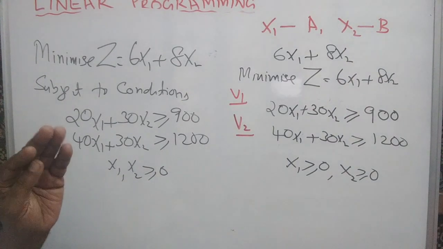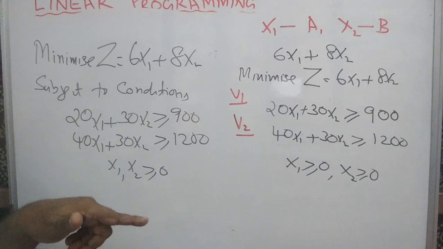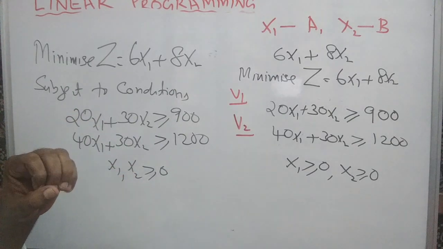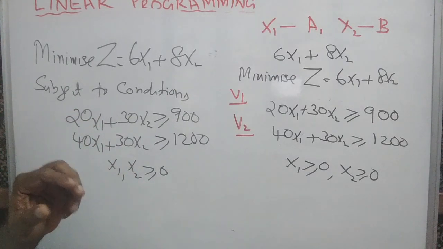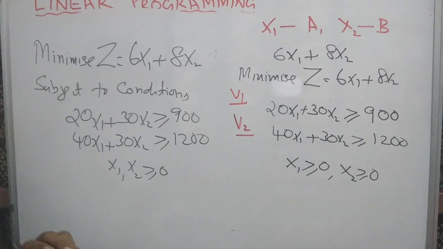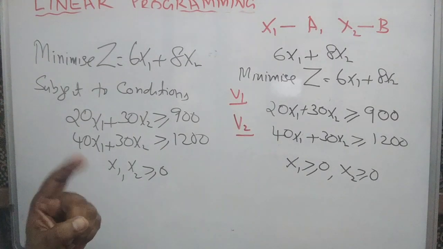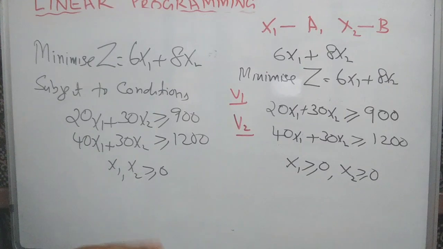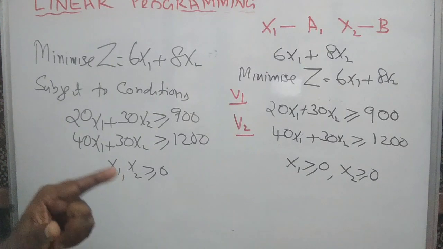A linear programming problem has two phases, formulation and solution. Formulation has four components: decision variables, objective function, linear constraints, non-negativity conditions. Decision variables are those whose values are to be decided. That is the most important thing. How will you decide with respect to an objective?